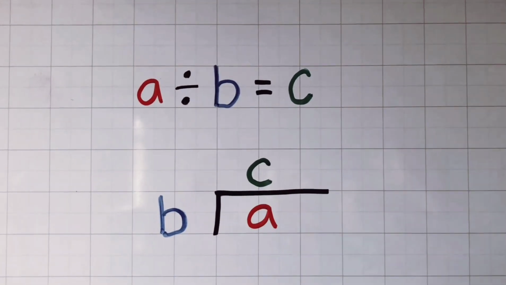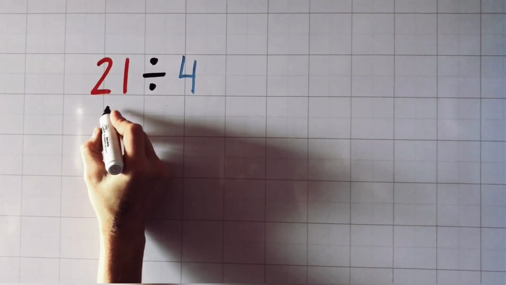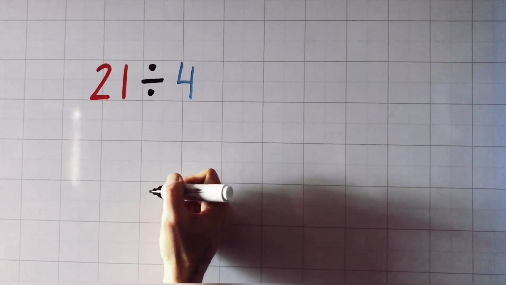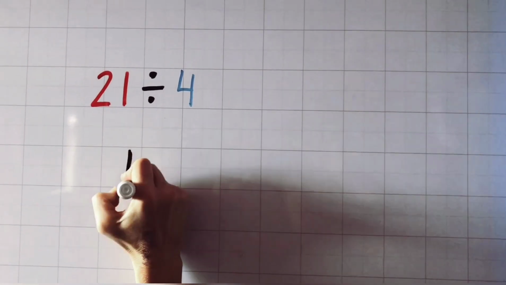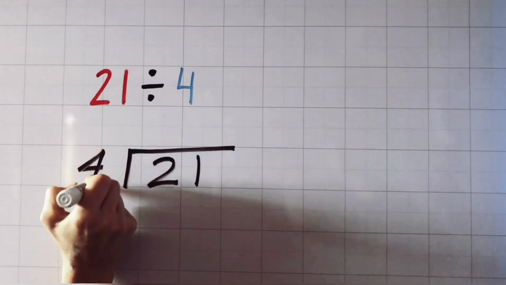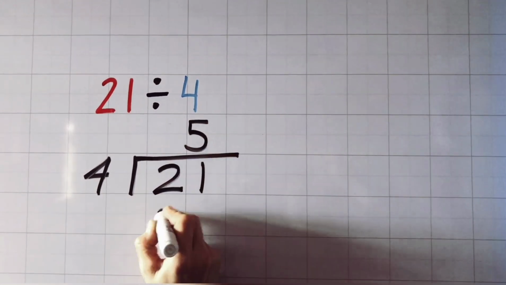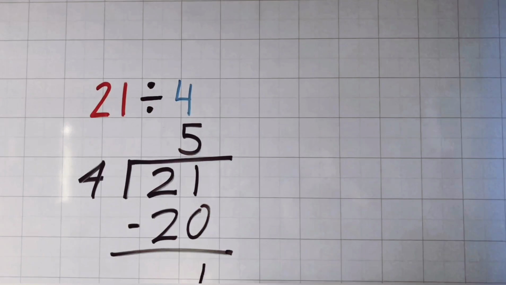So let's see how this works with real numbers. Let's start with something really simple like 21 divided by 4. I know you guys know the answer, but let's just remember how to do long division. 21 goes inside, divided by 4. 21 divided by 4 goes 5 times. 5 times 4, 20. And we have a remainder of 1.